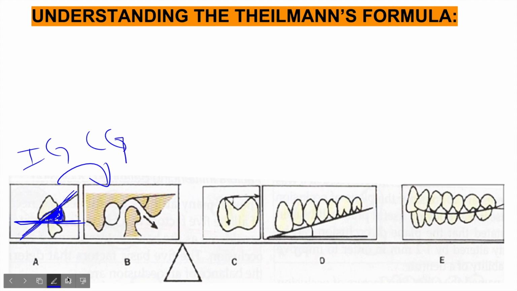And then we're moving on to the other factors in the denominator, which is cuspal inclinations, the horizontal plane associated with the angle of the cusp, right? There's the cusp. So this angle is your cuspal inclination. This right here is your occlusal plane.